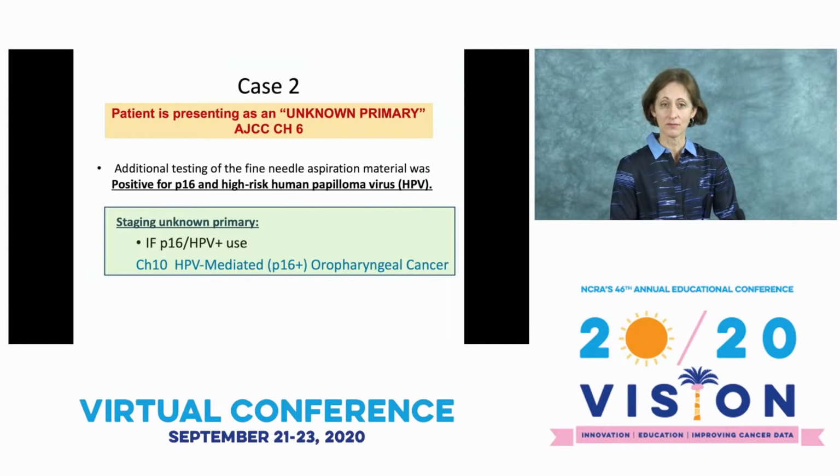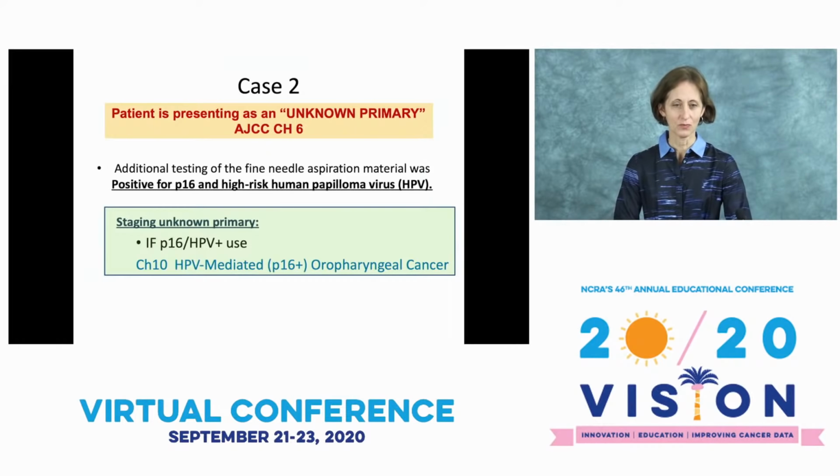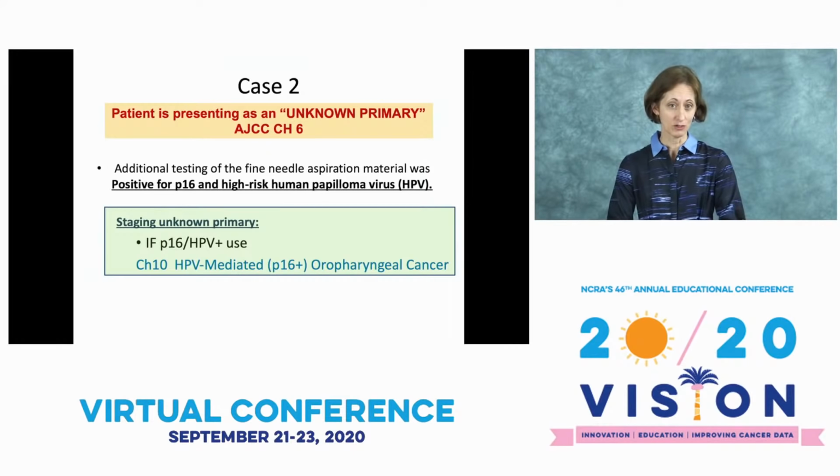In the neck, if it's in level 2 and 3, that's a good correlation, but particularly in other sites, making sure that we don't have non-specific findings would be important for me clinically as I'm evaluating a patient. So in this scenario, if he is P16 positive and remained an unknown primary, we would then know we need to use Chapter 10, the HPV-mediated P16 positive oropharyngeal cancer.